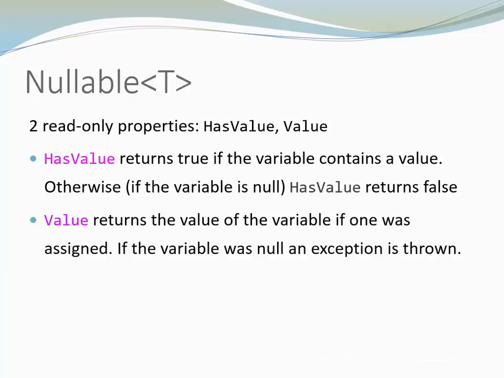The Value property returns the value of the variable, provided one was assigned. If the variable was null, an exception is thrown. The struct Nullable also has a method called GetValueOrDefault. This method returns the value or a default value in case the variable was null.